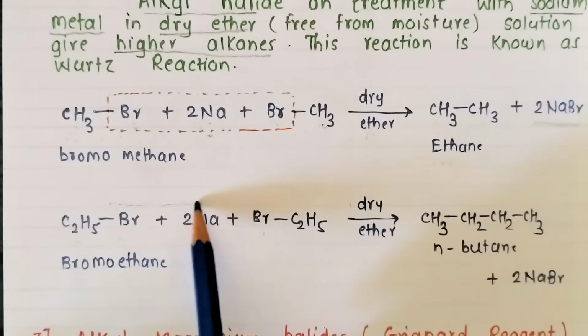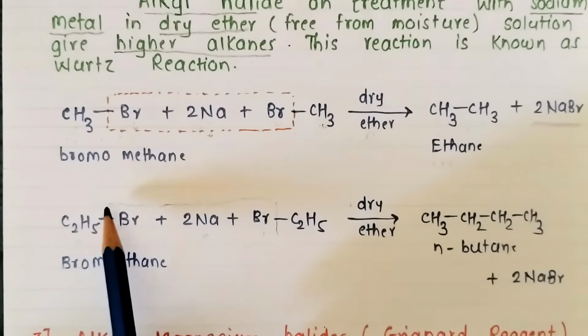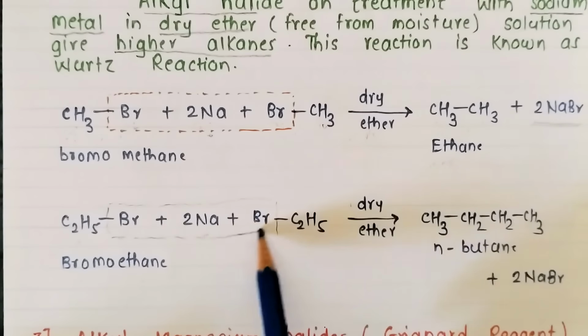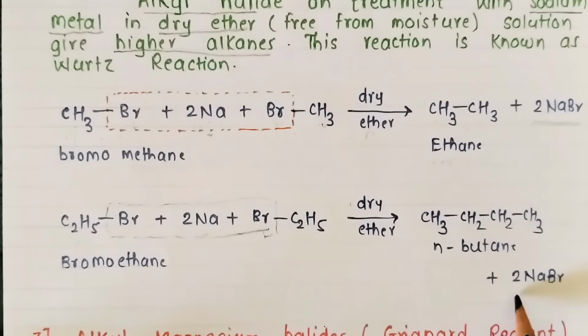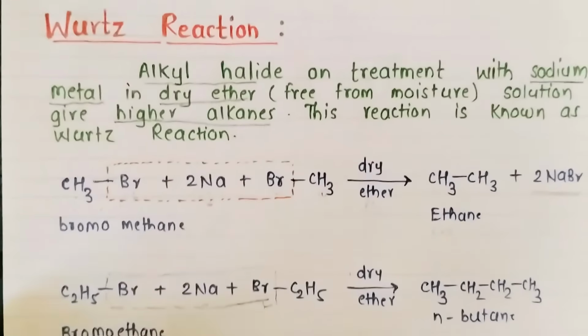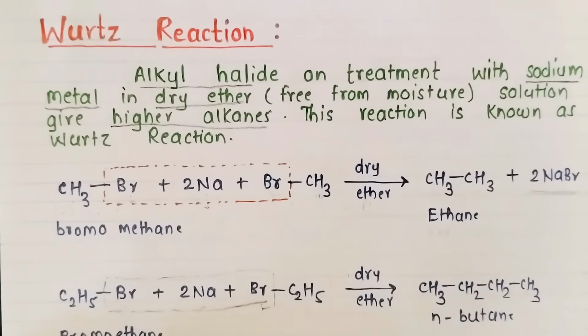The two sodium atoms and two Br atoms are removed as twice NaBr, and the remaining C2H5 and C2H5 join together to form n-butane. So this is a method by which we get an alkane.